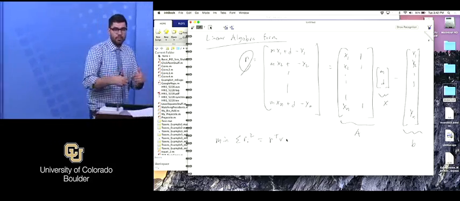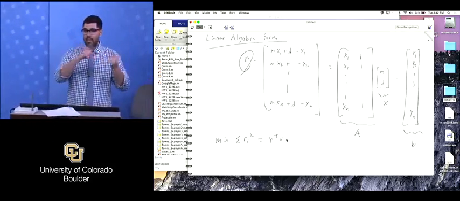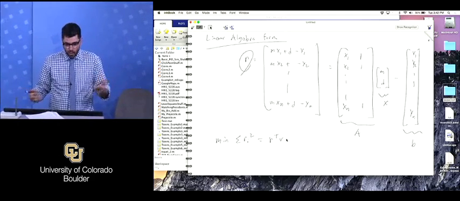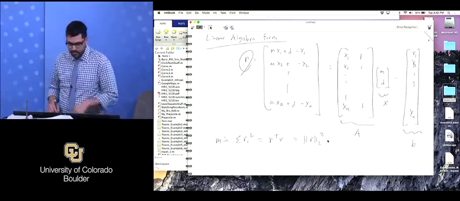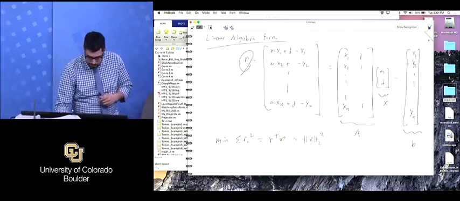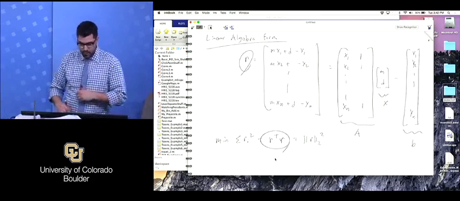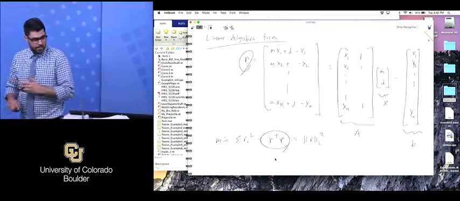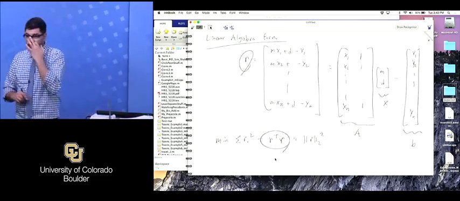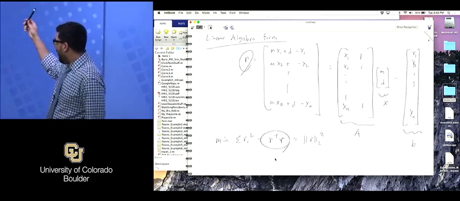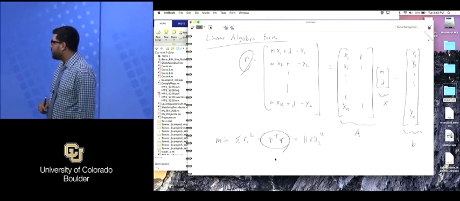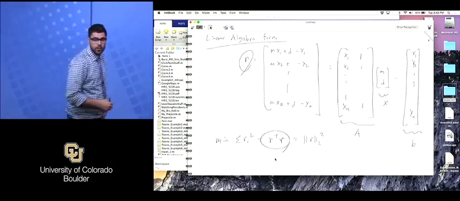The sum is going to be the elements squared. Or I can rewrite it as the 2-norm of r, also squared. But I'd like to focus on this. So here's what we're going to do. We're going to plug in Ax minus b for the residual into r transpose r.